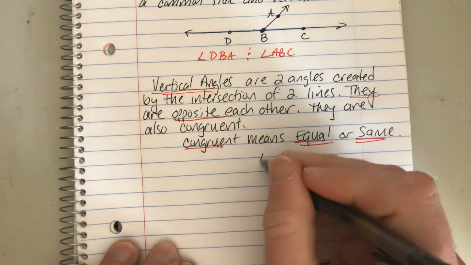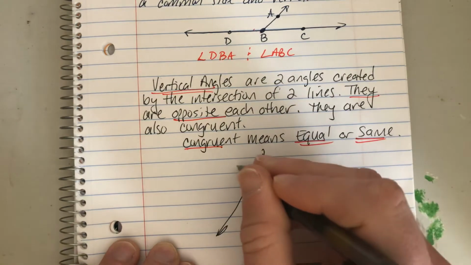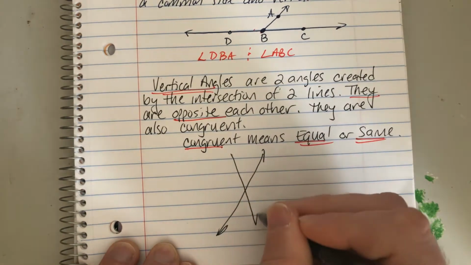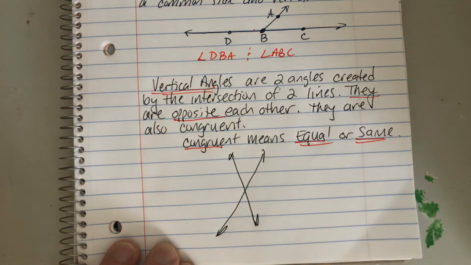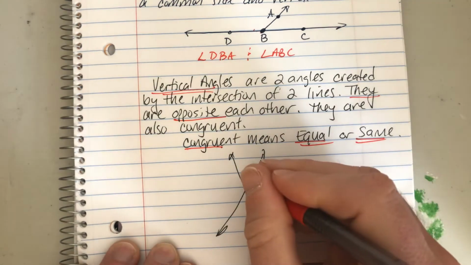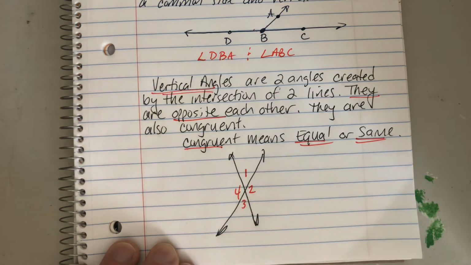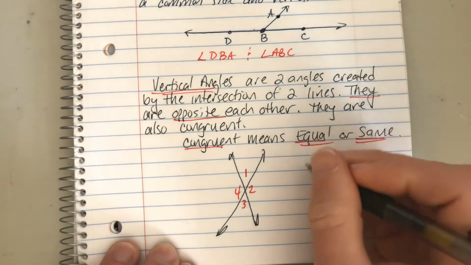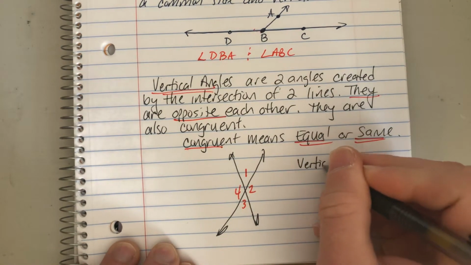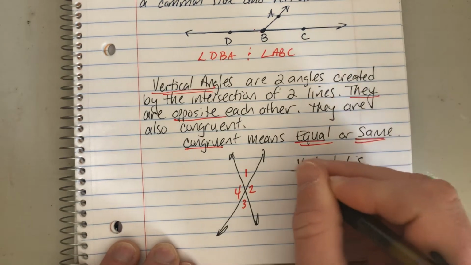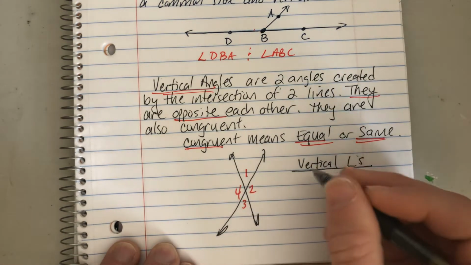Here's a quick picture for you. We'll do a few pictures to illustrate what's going on. In this one, we'll put angle 1, angle 2, angle 3, and angle 4. The vertical angles in this figure would be angle 1 and angle 3.